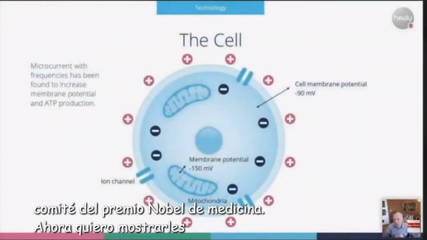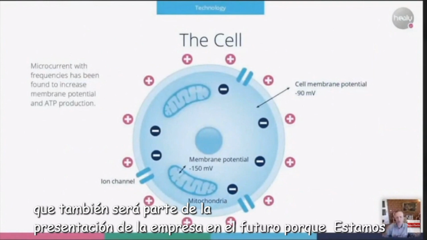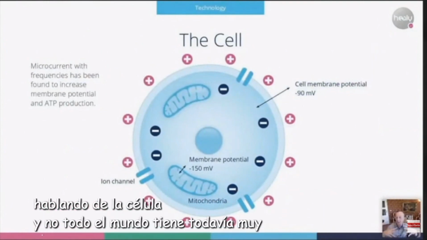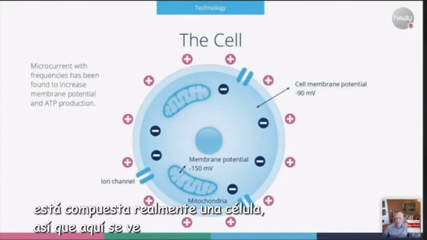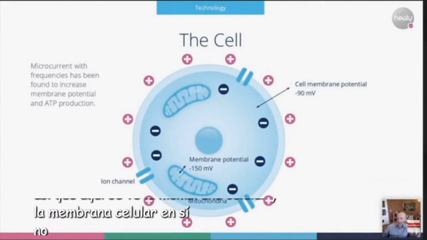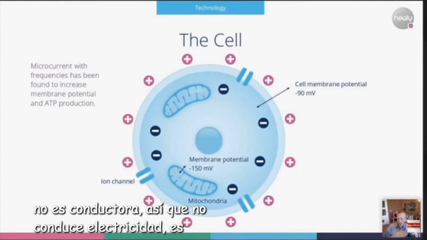Now I want to show you another diagram which will also be a part of the company presentation in future, because we're talking about the cell, and not everyone really still has a very clear idea about how a cell is actually composed. So here you see the cell membrane, and the cell membrane itself is not conductive, so it's not conducting electricity.